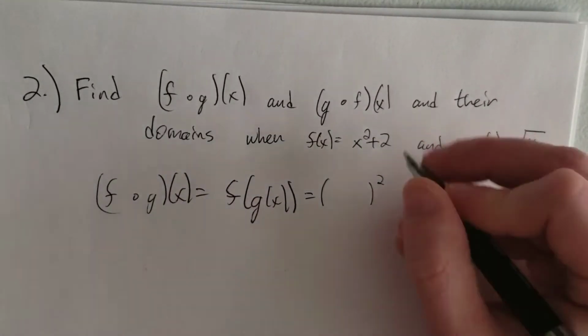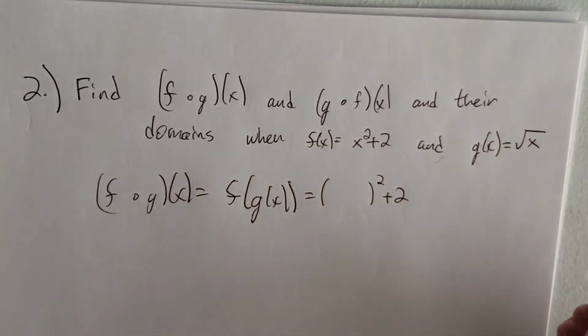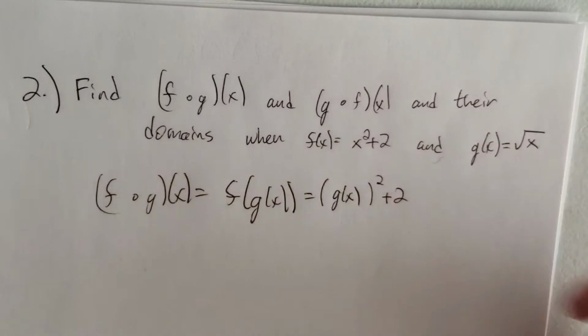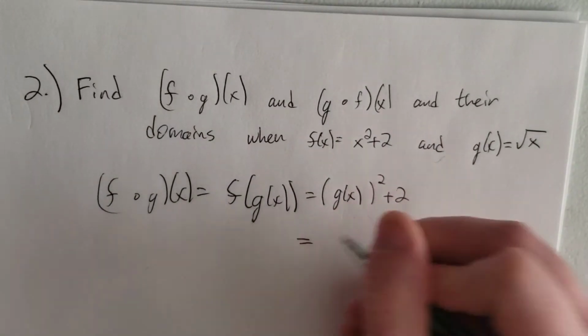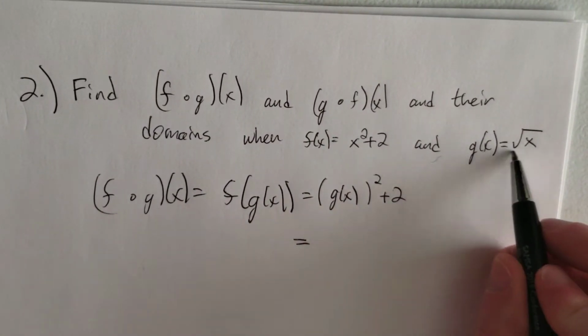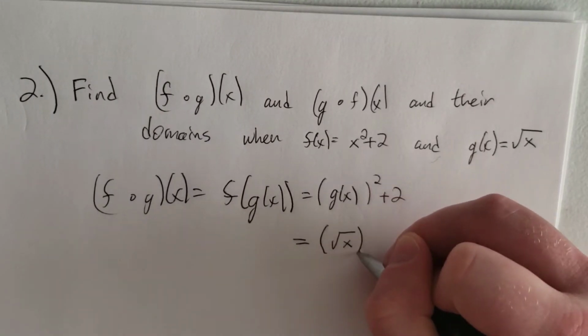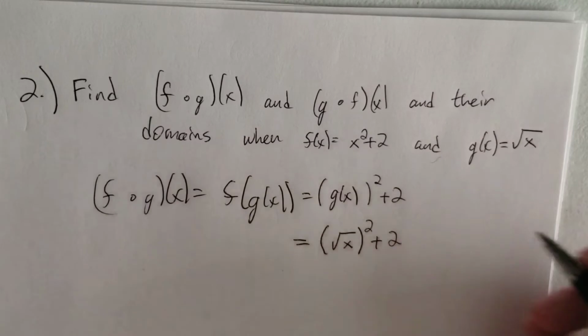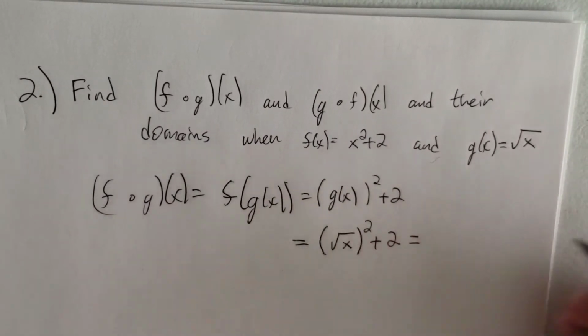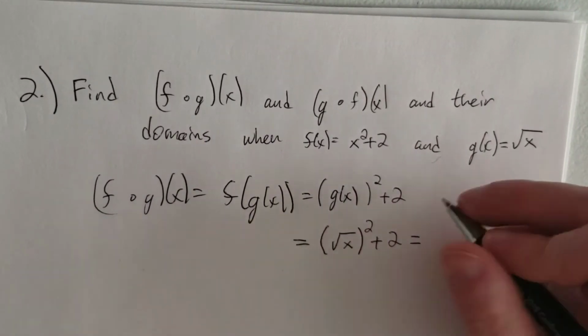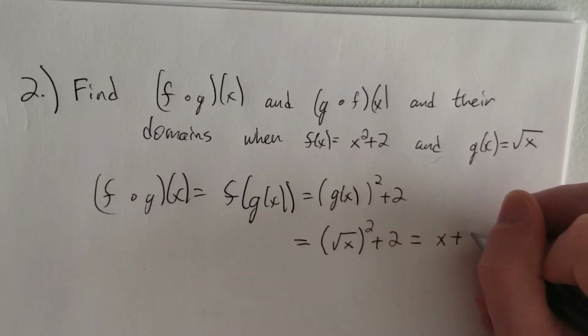So we have something squared plus 2, but what goes in there? What goes in there is g of x. Well, what was g of x? g of x is the square root of x. So this is the square root of x, squared, plus 2. And this is equal to the square root of x squared, which is just x, plus 2.